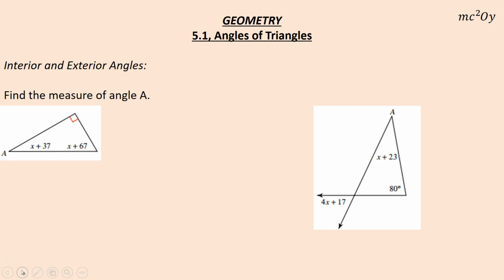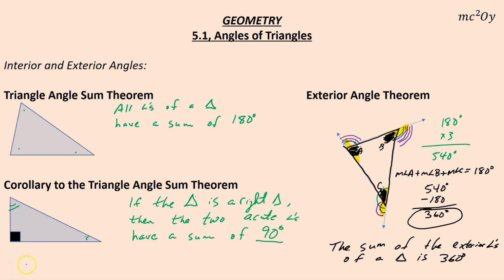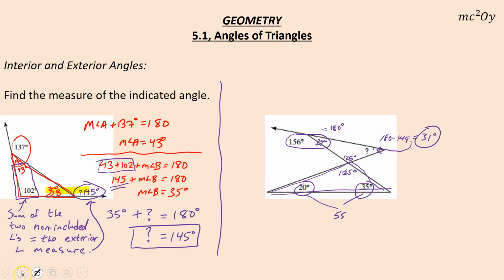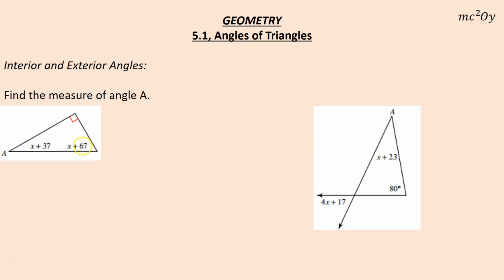All right, so find the measure of angle A. Note I have a right triangle. Since this is 90, all angles add up to 180. Remember our cousin theorem we talked about earlier? If it's a right triangle, then the 2 acute angles have a sum of 90 degrees. This and this have to add up to 90.